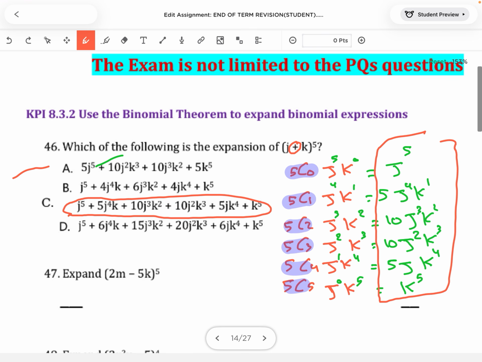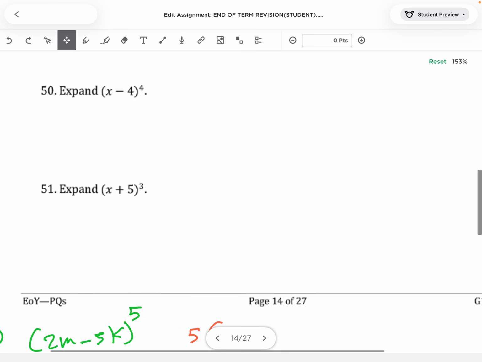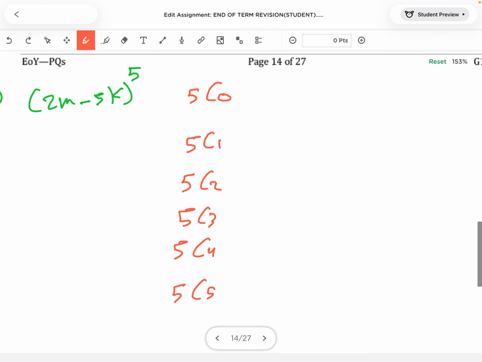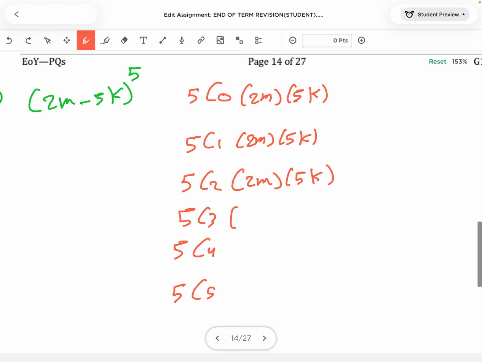Okay? For minus, the story is a little bit different from our example, but let us expand it first. Then we have 2m and 5k.